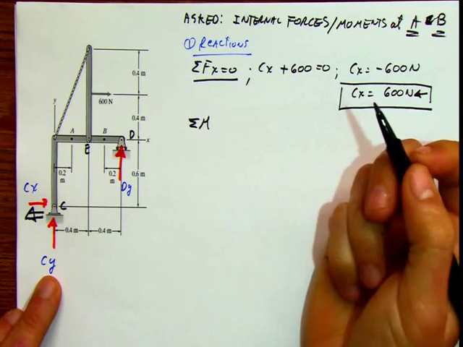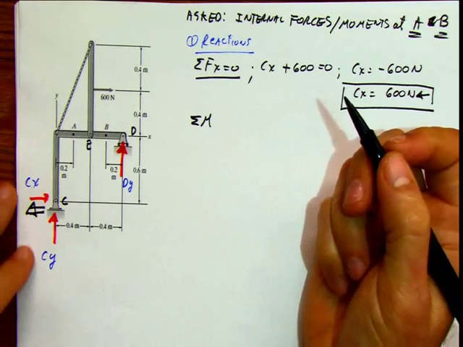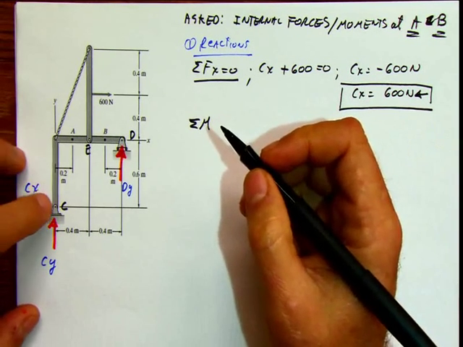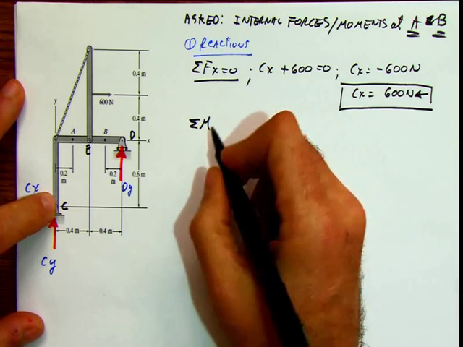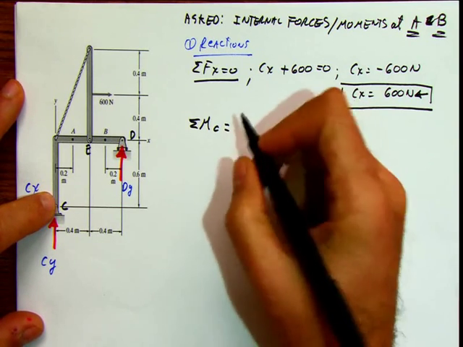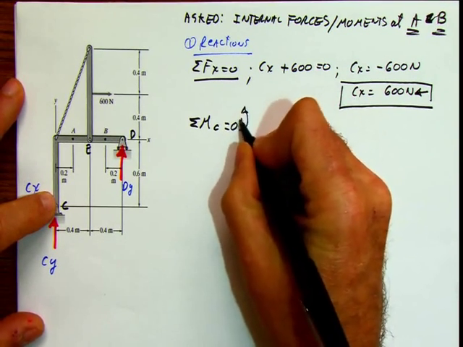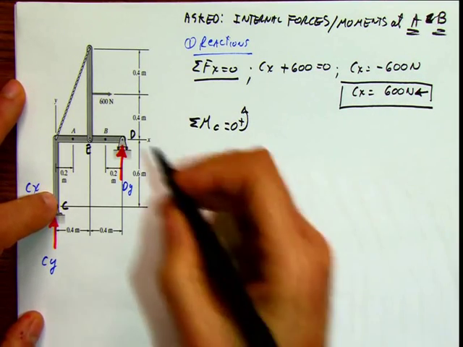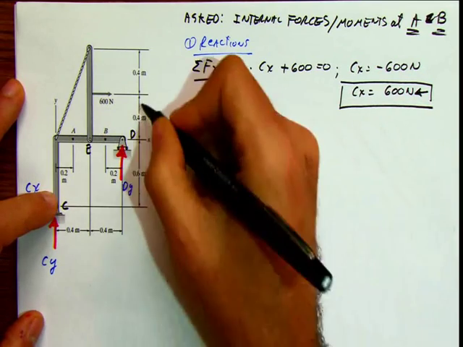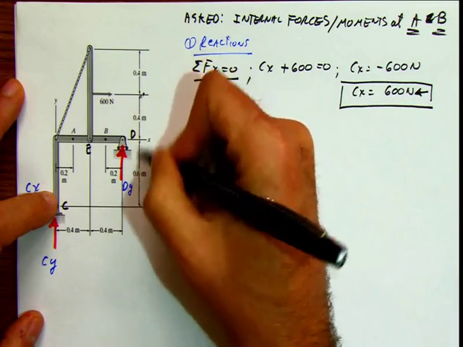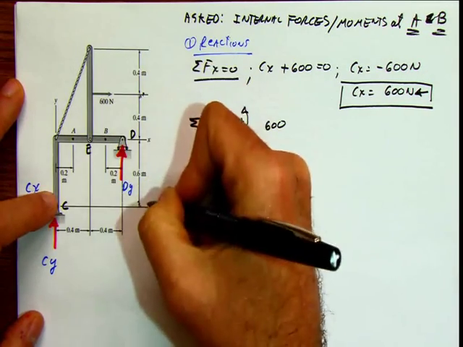And summation of moments where? Well, I can do summation of moments at any point, but if I do it here, I think it's a little bit easier to solve, with fewer calculations. And summation of moments has to be 0. If I do that, I have this force, 600, multiplied by this distance: horizontal force, vertical distance.